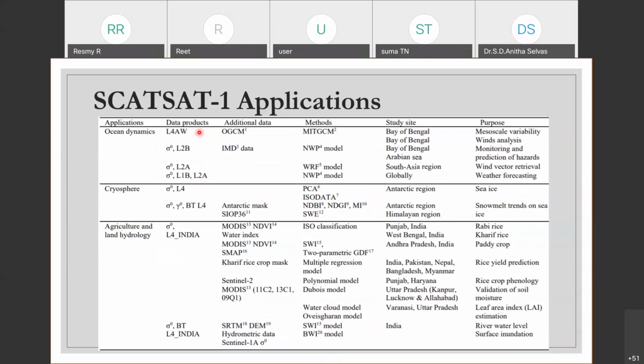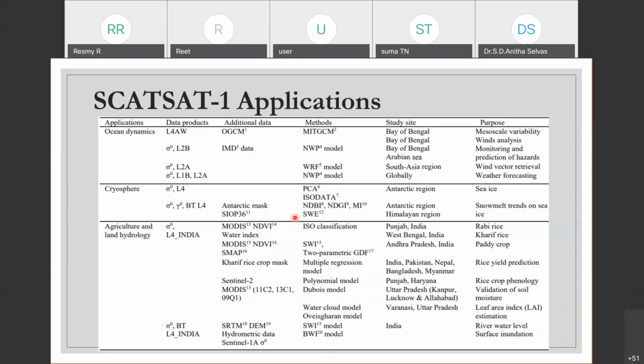Coming to the application part, ocean dynamics, cryosphere, agriculture, and land hydrology are the major fields where this data has been utilized. Along with additional data, you can see here that some IMD data is used for monitoring and prediction of hazards, along with the SCATSAT data.